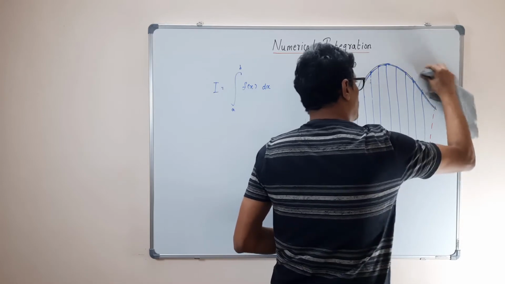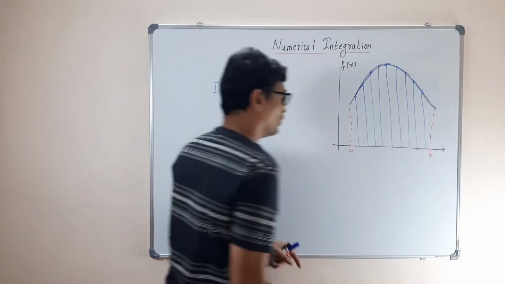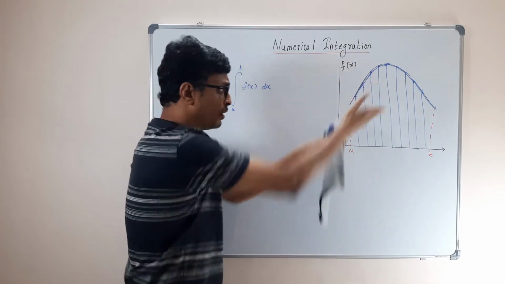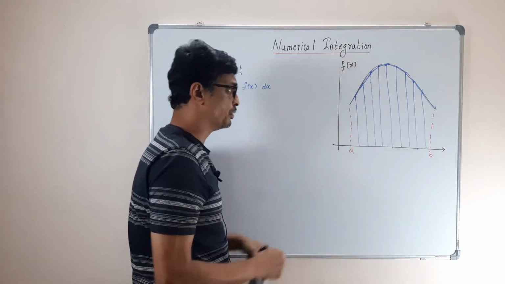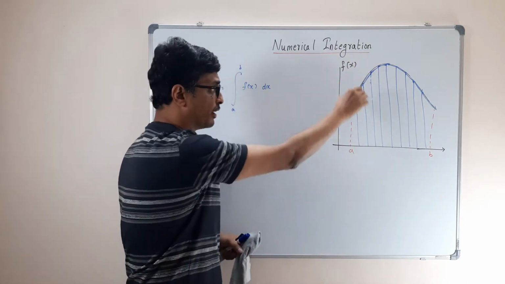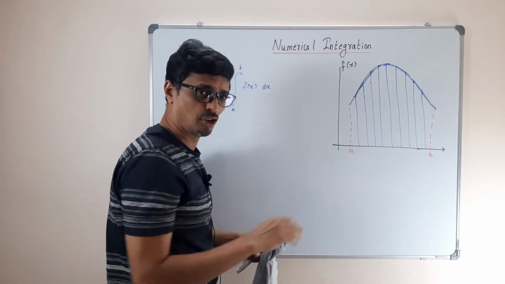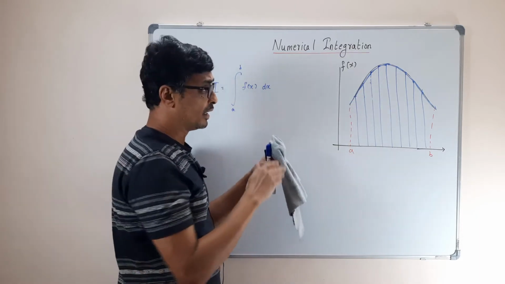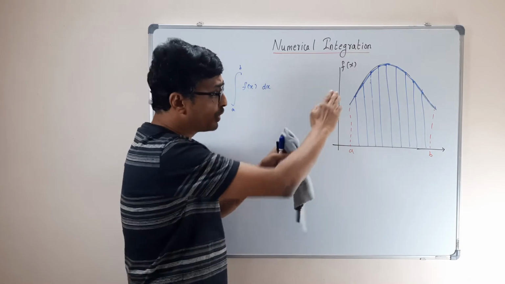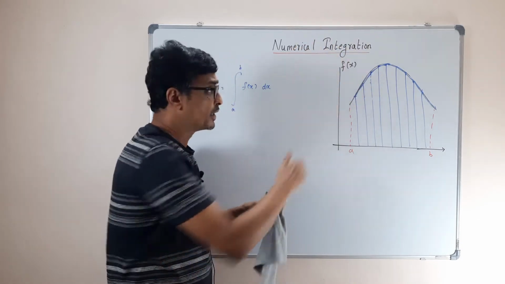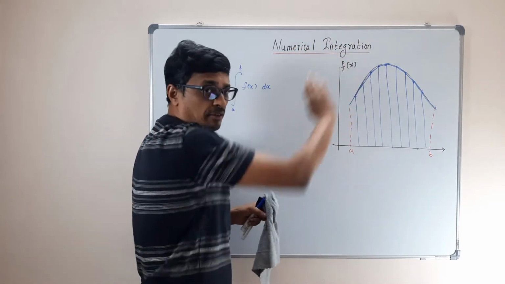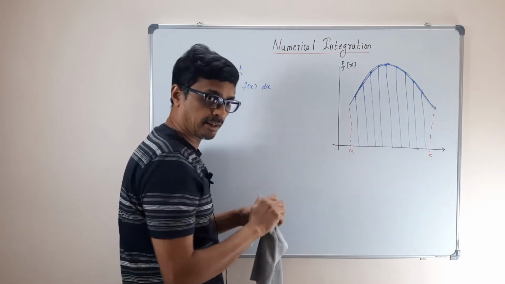Now, whatever polynomial you use to express the integrand between certain intervals, it's not going to be as accurate as the actual integration. There can be a slight deviation from what the exact integration, the area under the curve, will be.